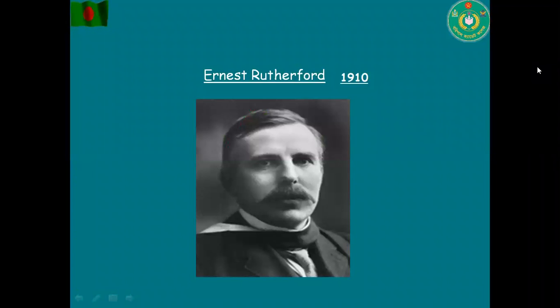At first, Ernest Rutherford developed the atomic model of the elements. According to his model, electrons are revolving around the nucleus but with no specific path. It has some limitations.